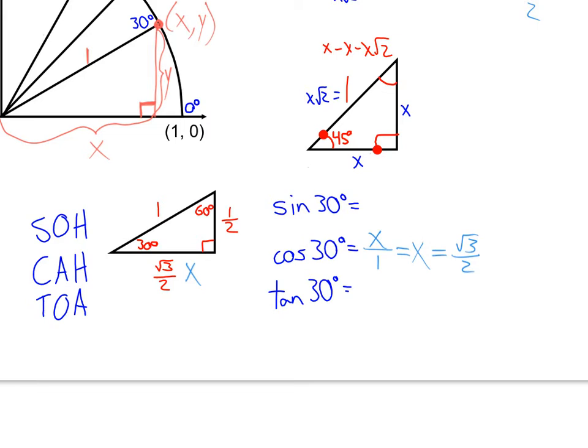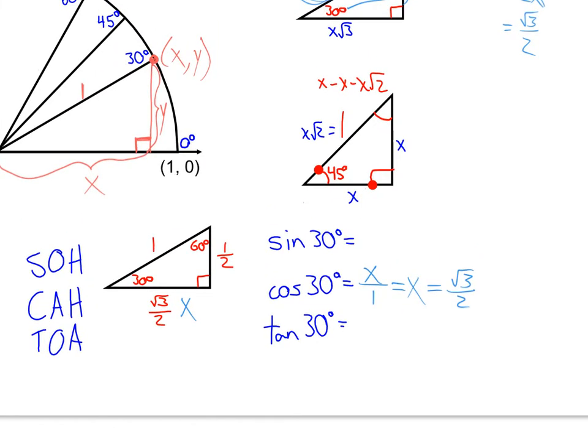When I'm writing the coordinates of the point here, for 30 degrees, the x coordinate is the cosine, that's root 3 over 2.